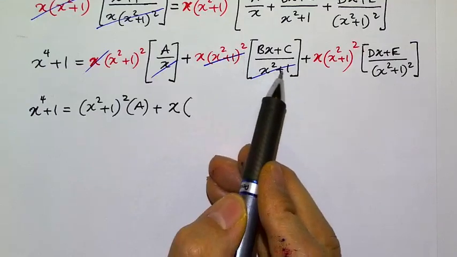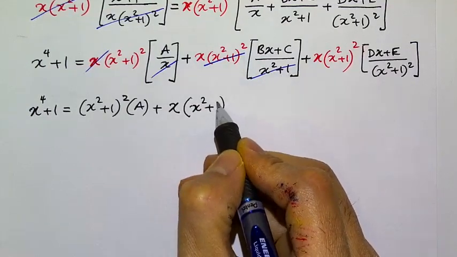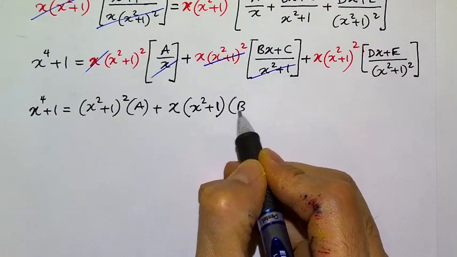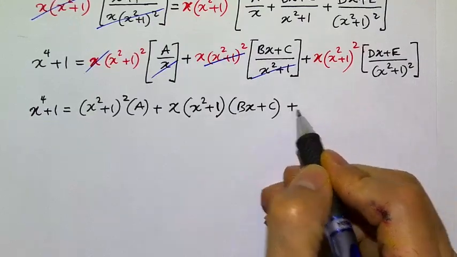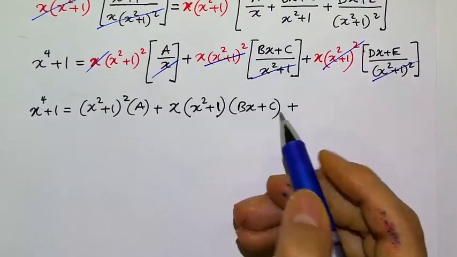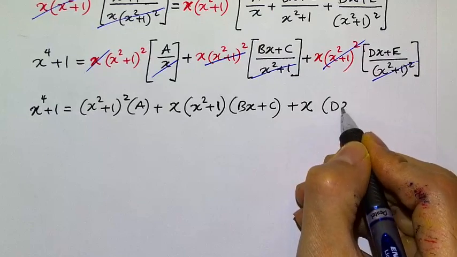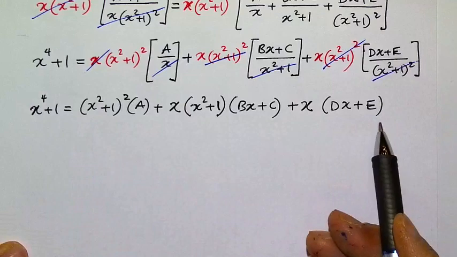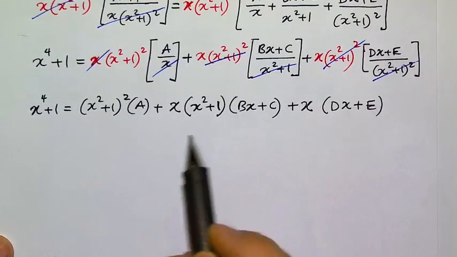This is squared, this just has power 1. So (x squared plus 1) with power 1 times (Bx plus C), right? Plus the last term: this one cancels out with this one, we end up with x times (Dx plus E). Look at that. Fractions are all gone. That's what we wanted. What do we do now?